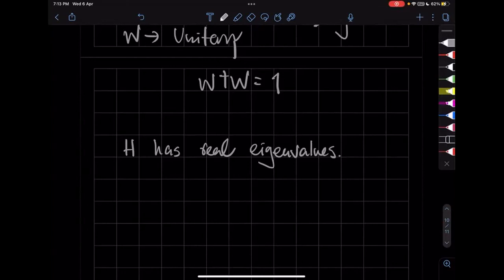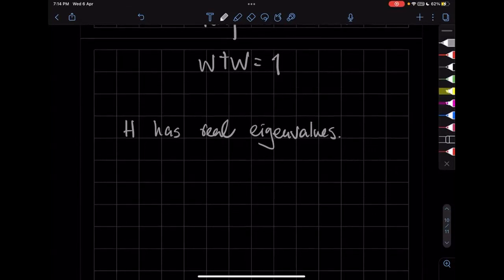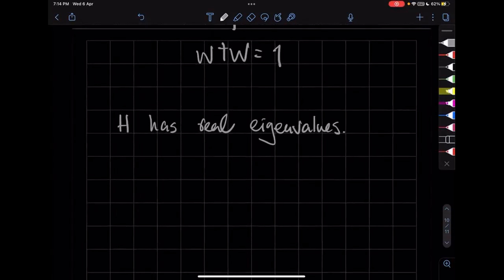So this is one of the most fundamental results of linear algebra. If you have a Hermitian matrix, its eigenvalues are real. That is one of the reasons that in quantum mechanics observables are these Hermitian operators. Therefore, when we do experiments, we get real numbers as a result. So H has real eigenvalues because it's Hermitian.